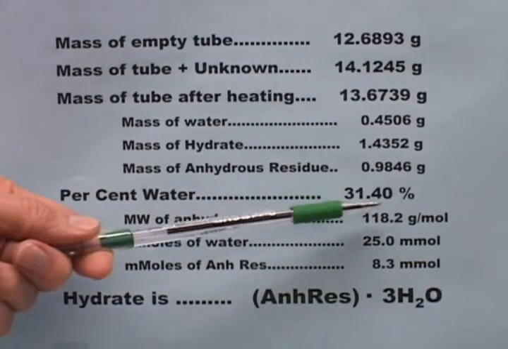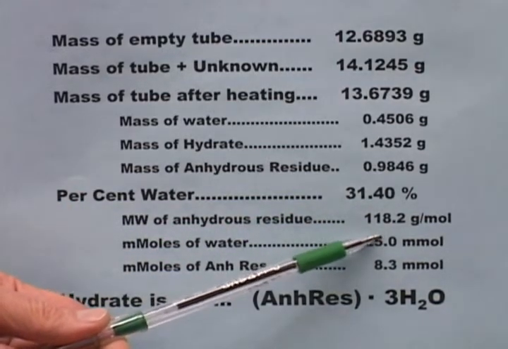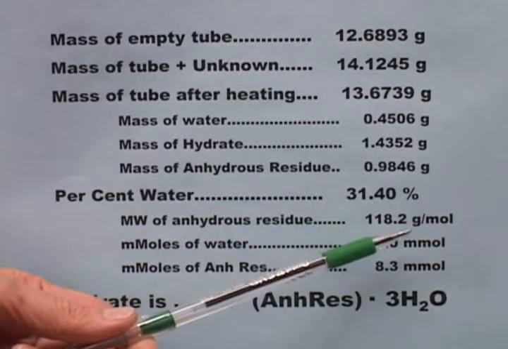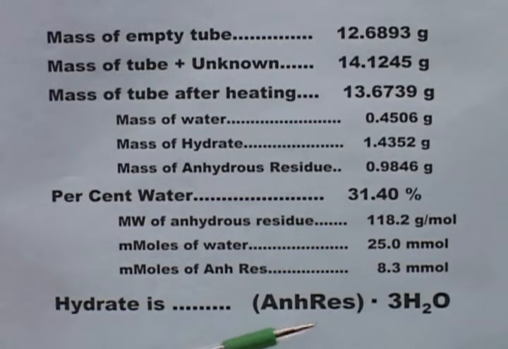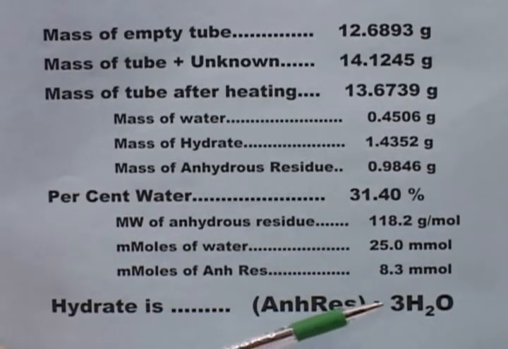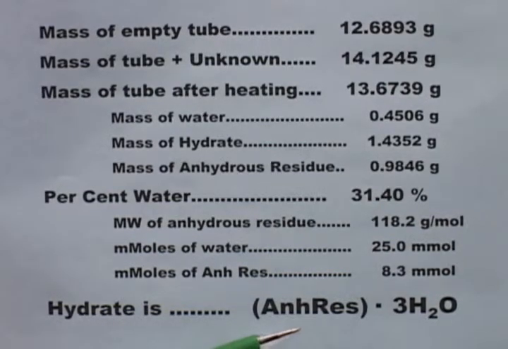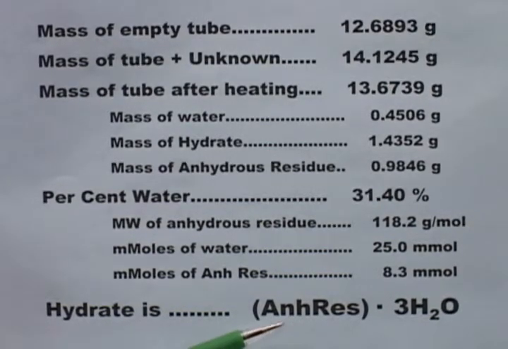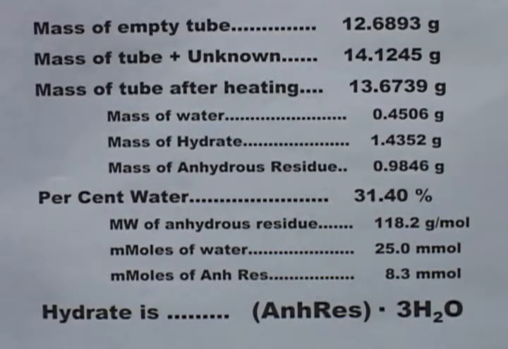From our experimental data, we could make a calculation that the percent of water in our unknown hydrate was 31.40, and knowing that the molecular weight of the anhydrous residue is 118.2, one can also calculate that the formula of the hydrate is the anhydrous residue with 3 waters. That is, you don't know exactly what the anhydrous residue is, but you know there is one of those for every 3 waters.